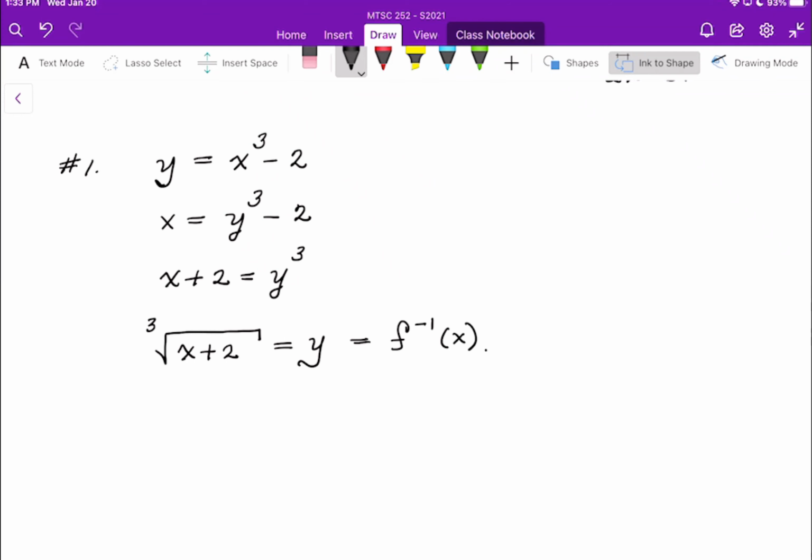So what's the domain of that function? What kind of numbers x can go into that function? Anything less than 2? Anything more than 2? Anything higher than -2?